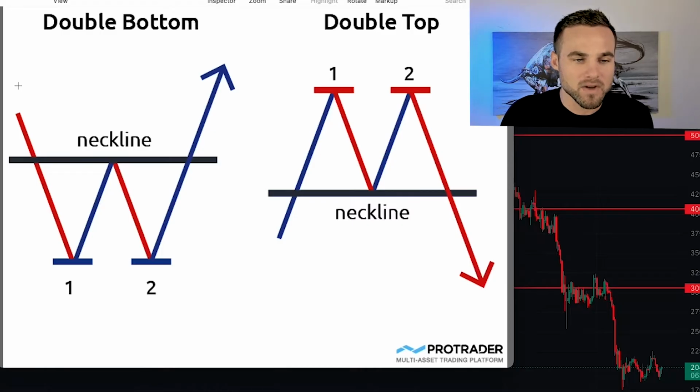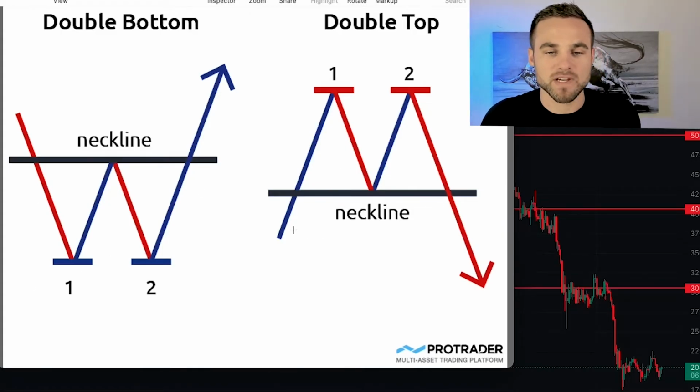And basically what it says is that sellers tried to push it down to here and they got rejected, and they came back up. And sellers tried to push it down again here, and they got rejected right here. Now, this line right here, where basically they bounce to, is something called the neckline. And the way that you want to trade this is after you get a break of this neckline, then it's likely that price is going to continue on upwards for a double bottom, and the exact opposite for a double top.